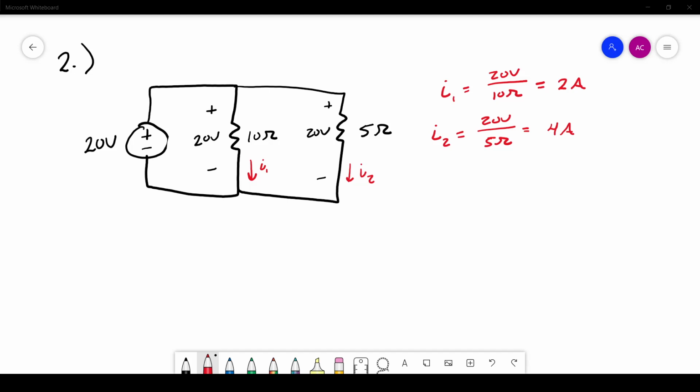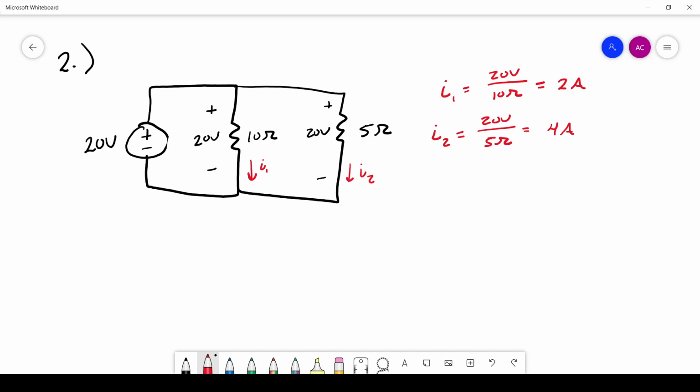Alrighty. So now we have these two currents, and we can say, what is this current? I'll call this one I3. So we have I3 going into this node here, I1 leaving, and I2 leaving. Okay? So Kirchhoff's current law says I3, the current into the node, has to be equal to the sum of all the currents leaving the node, I1 plus I2.